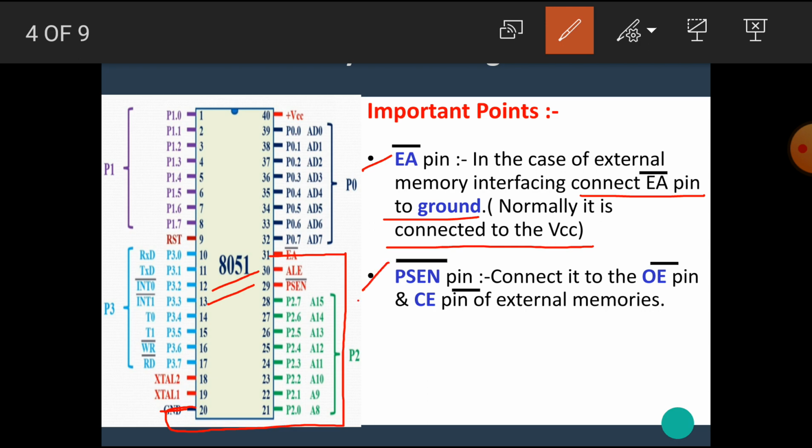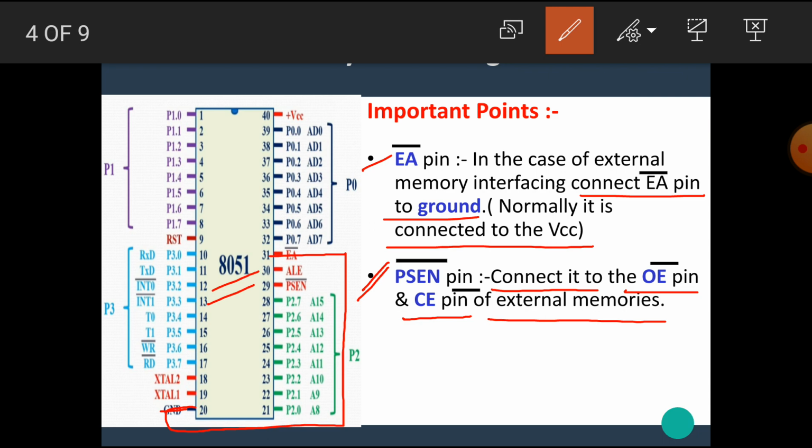Our next pin is the PSEN pin. The PSEN word stands for Program Store Enable. It is also an active low type of pin. In the case of external memory interfacing, connect the PSEN pin to the OE pin, that means output enable pin, and chip enable pin of the external memories.